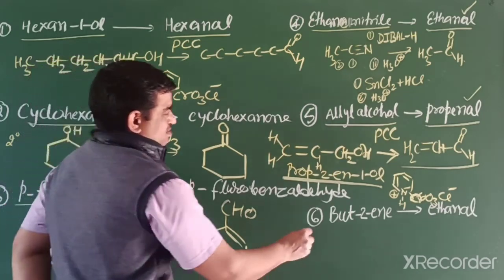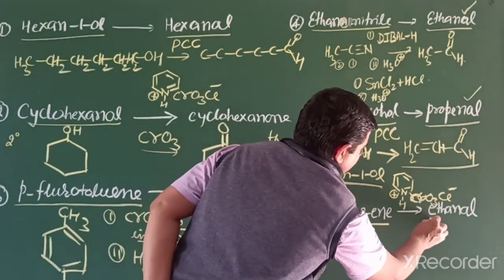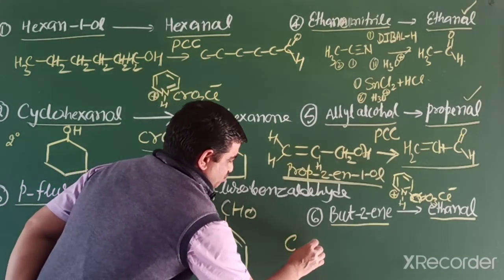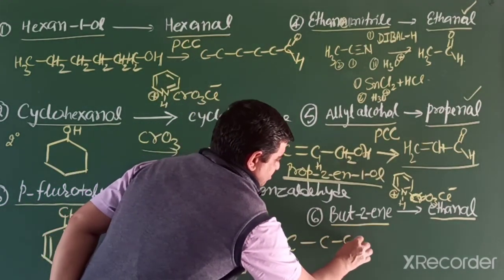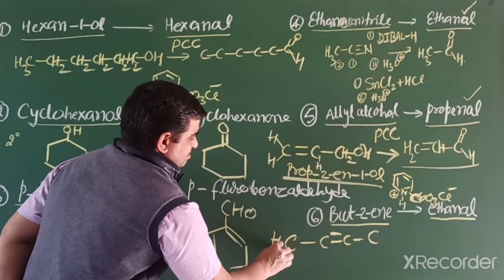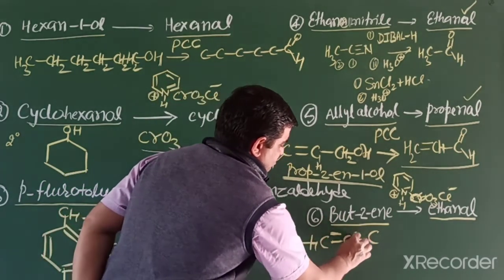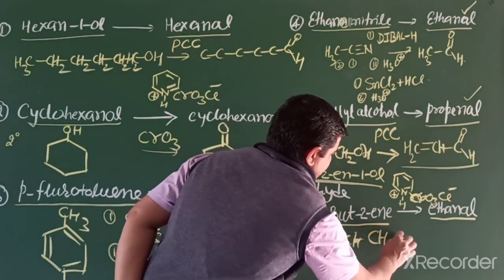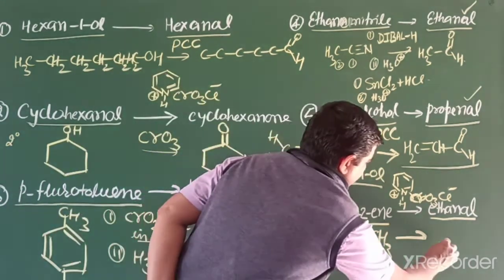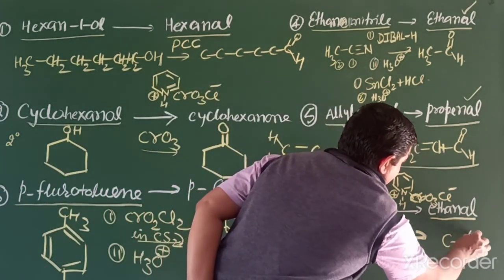The last reaction is but-2-ene and ethanal. So first we write but-2-ene, means 4 carbons and a double bond at the second carbon. If we complete the structure, then ethanal means only aldehyde.